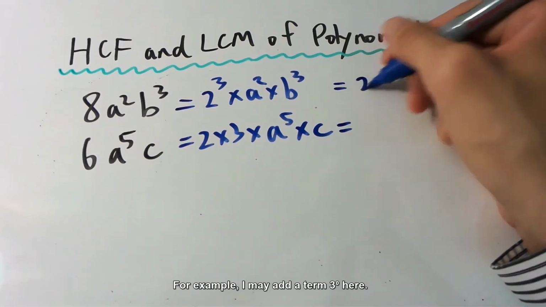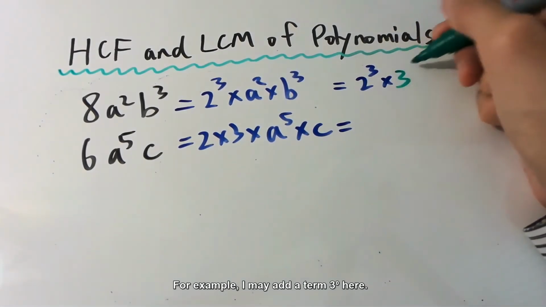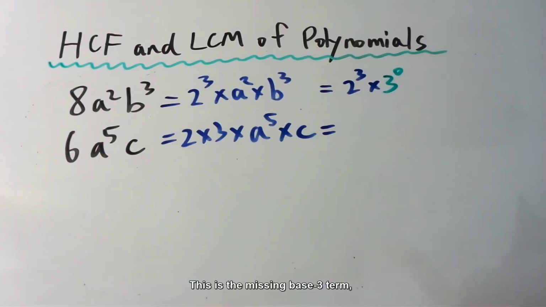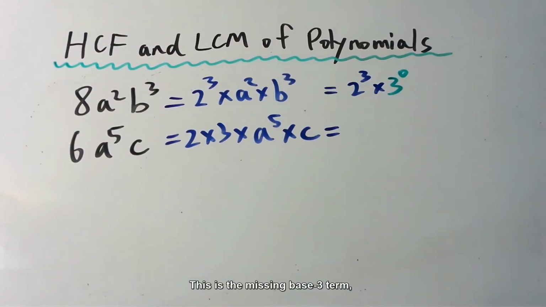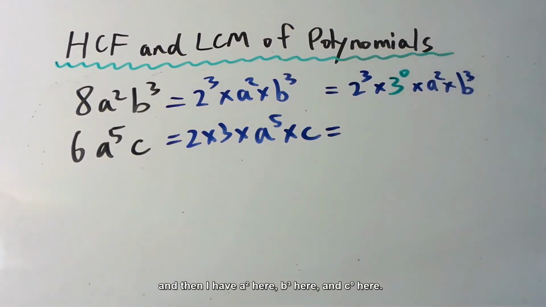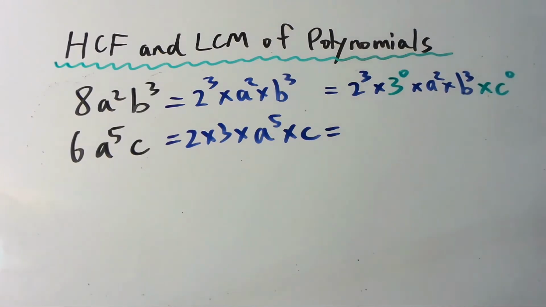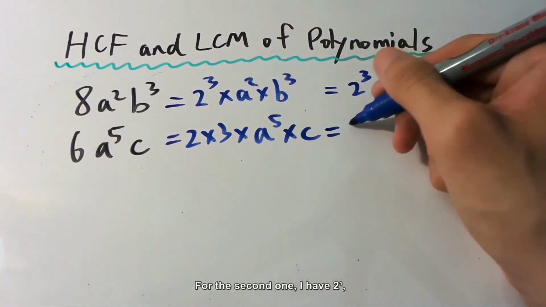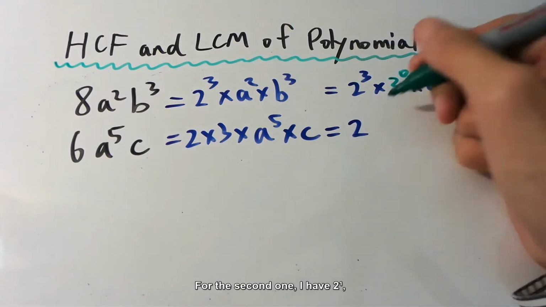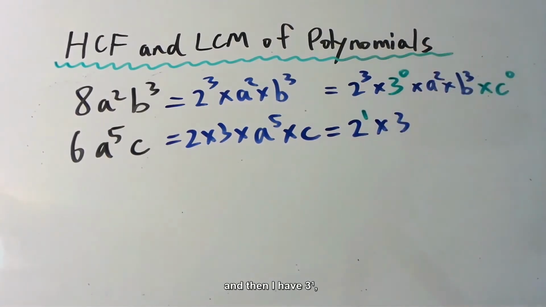For example, here I may add a term 3 to the power 0 here. This is the missing base 3 term. And then I have a squared here, b to the power 3 here, and c to the power 0 here. For the second one, I have 2 to the power 1, and then I have 3 to the power 1.